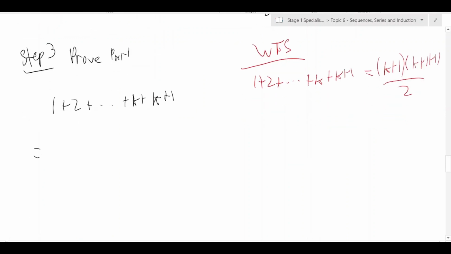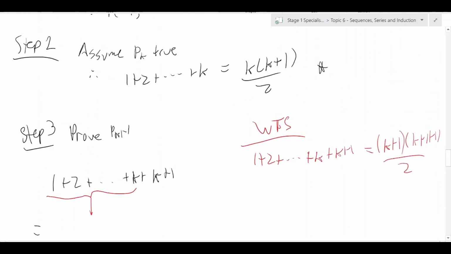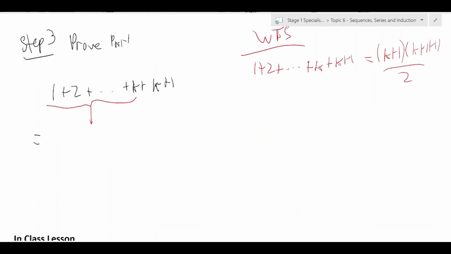This should all equal. Now we split it off into all the way up to k. And we know this stuff equals k(k plus 1) over 2 using star, plus, and then there's k plus 1 on the end.